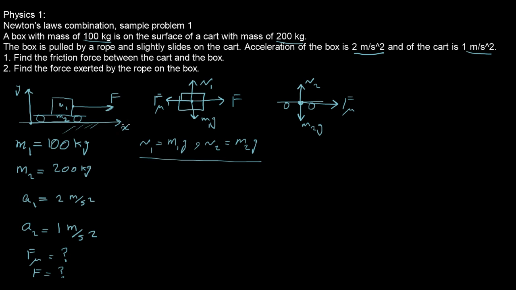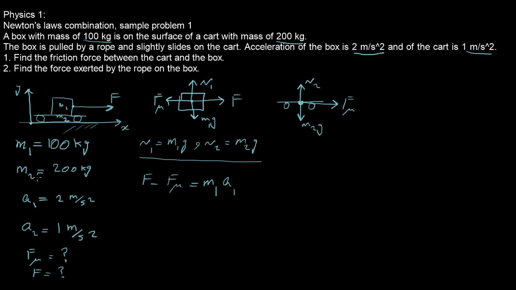Let's move on to the net force in the x direction. So we have two objects, therefore we have two sets of equations. For the box, we have F minus F mu equals, since our x direction is in this direction, then F is positive and F mu is negative, equals M1, mass of the box, times A1.